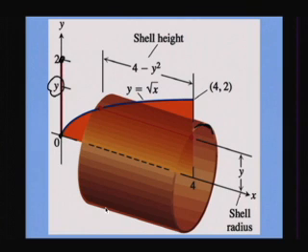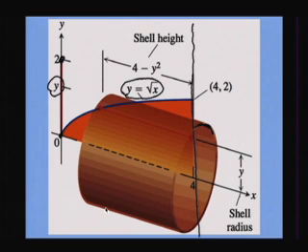And again, the shell height was created because we started here at 4, and we subtracted, well, now it's written as y equals the square root of x, but remember that's x equals y squared, so it's 4 minus y squared to give us the height of this cylindrical shell. The radius, of course, is just our y value. So we have the radius, we have the height.